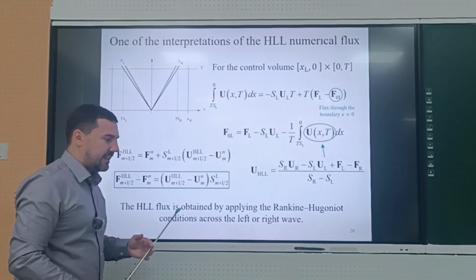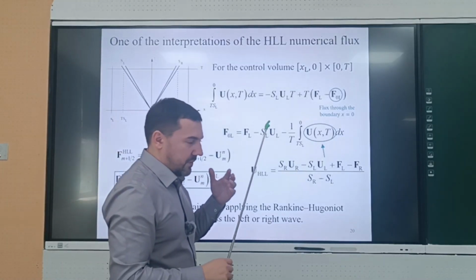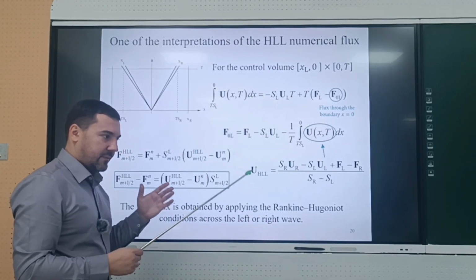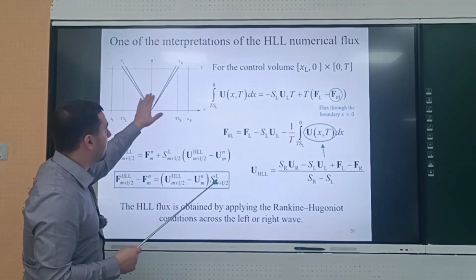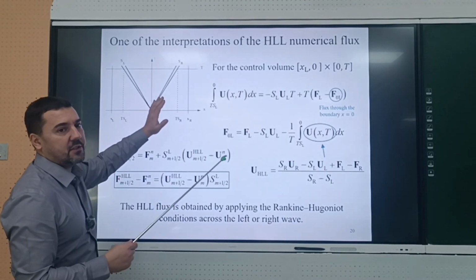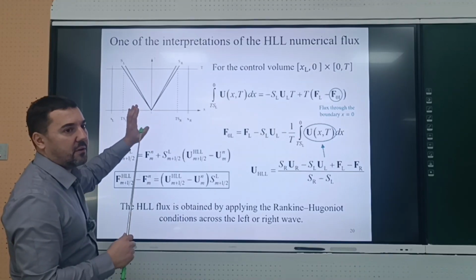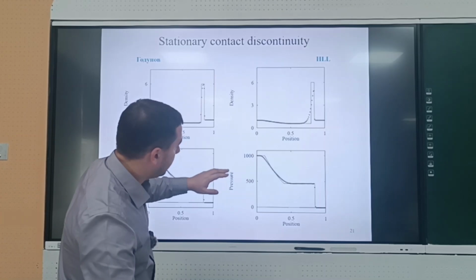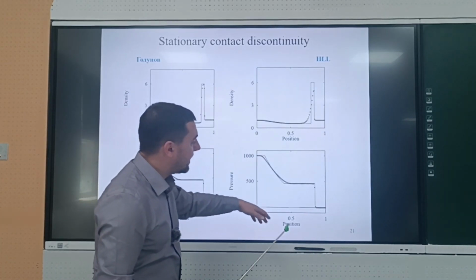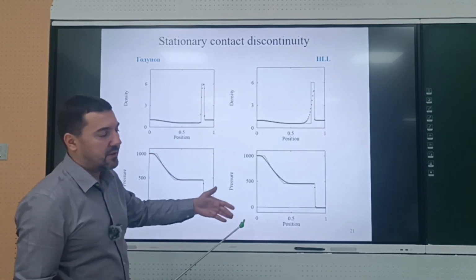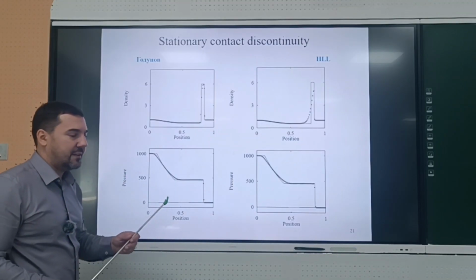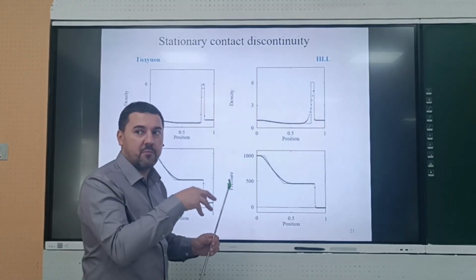So it means that if in your real problem you have the shock wave indeed, because here we do not specify what it is, either a shock wave or a rarefaction wave. But if you have a shock wave, like in this case, you will get a very good description, because the Rankine-Hugoniot jump condition is included in your numerical scheme.